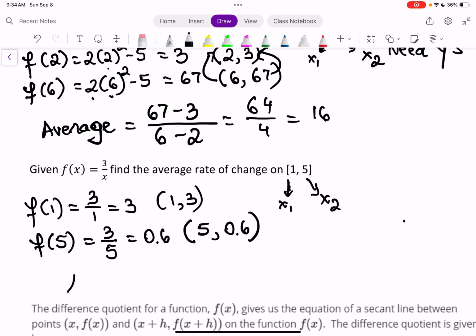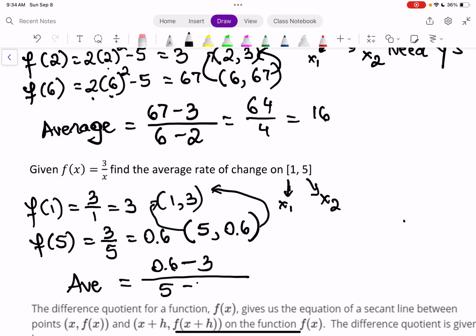And then to find the average rate of change, you want to subtract the y's and then subtract the x's. So that's a negative 2.4 divided by 4, which is a negative 0.6.